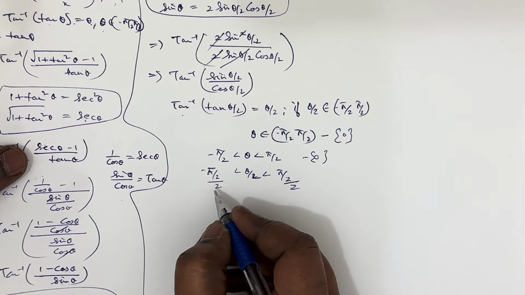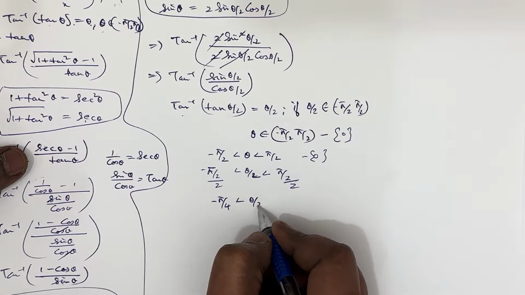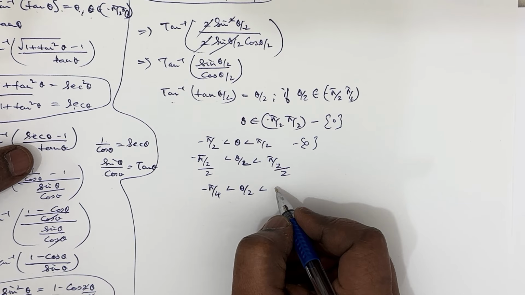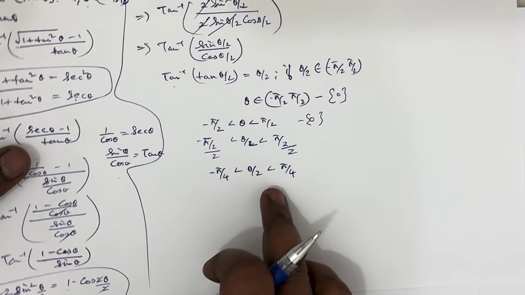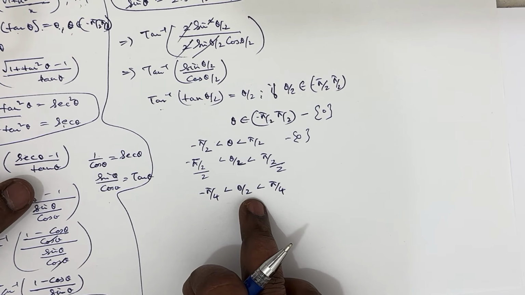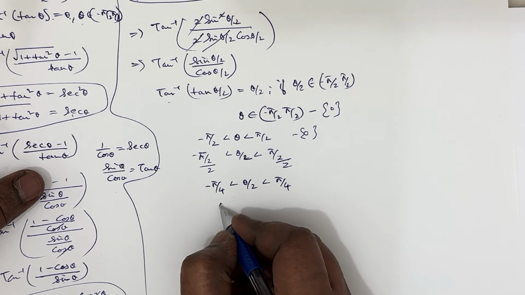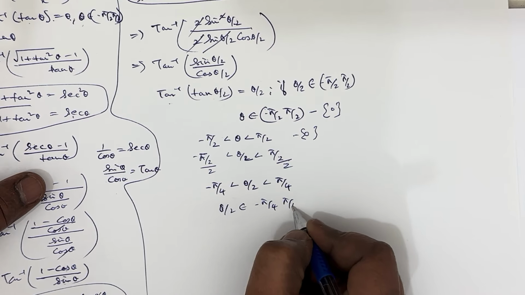So we get minus pi by 4 less than theta by 2 less than pi by 4. Now the range of our expression theta by 2 belongs to minus pi by 4 to pi by 4.